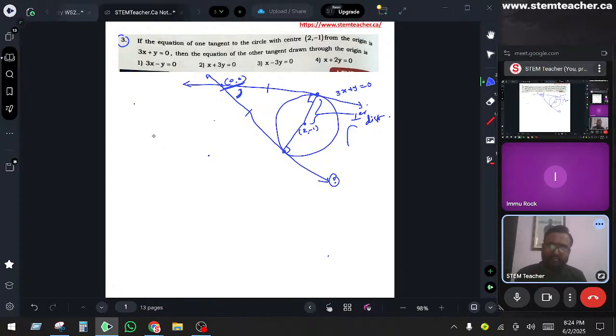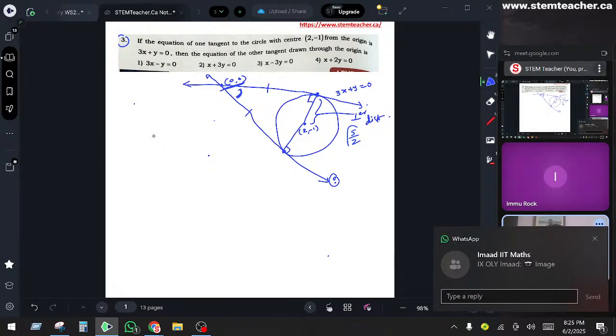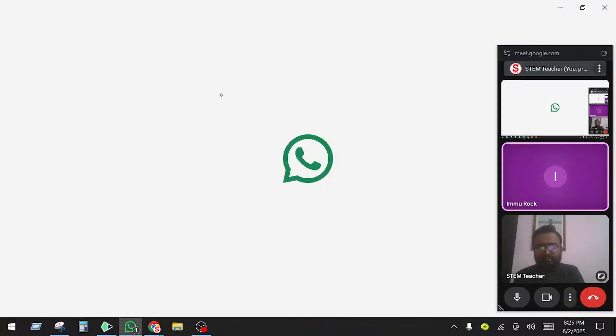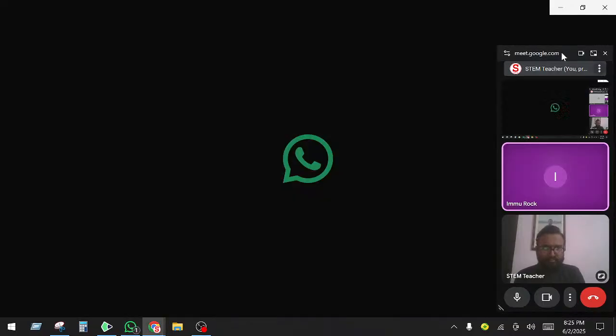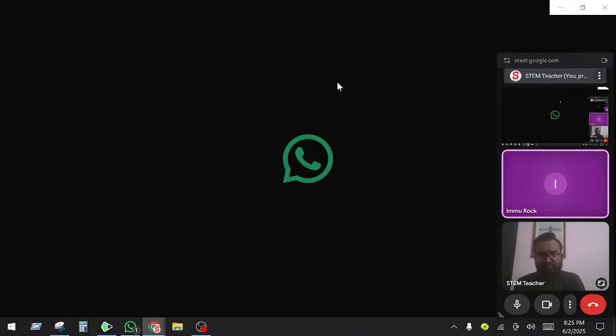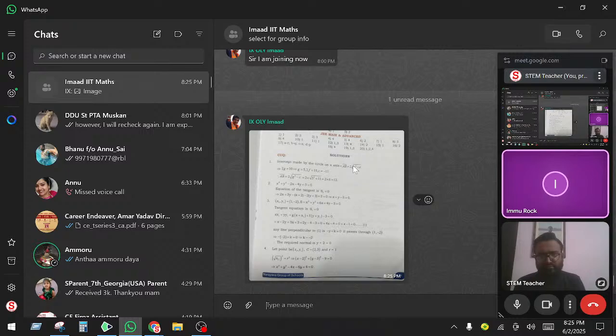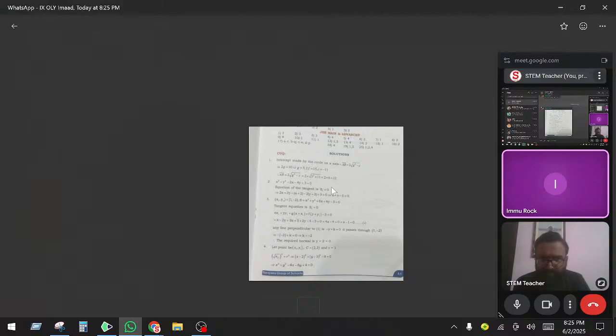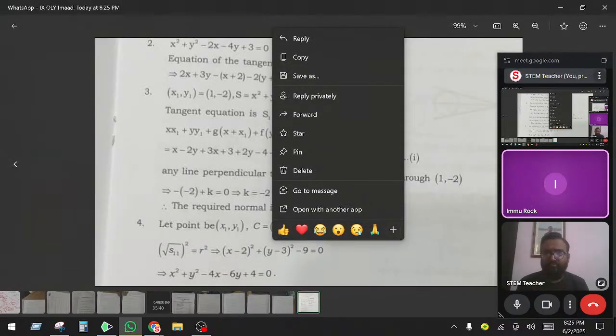It's root 5 by 2. The radius is this. Okay, we have s1 is equal to 0.